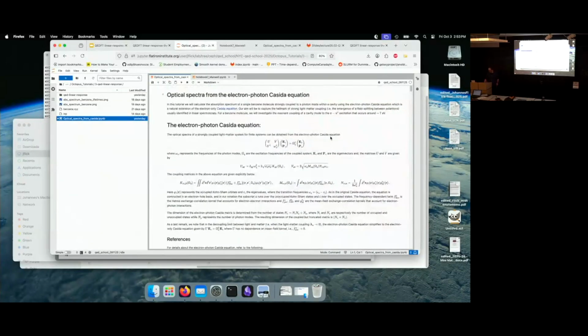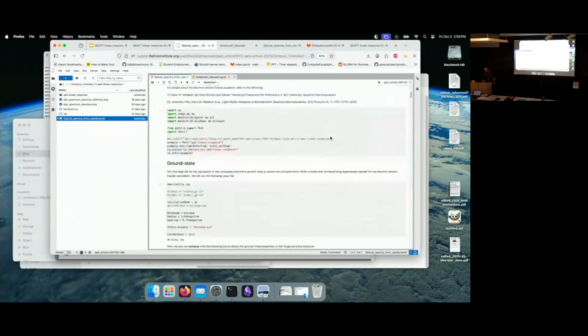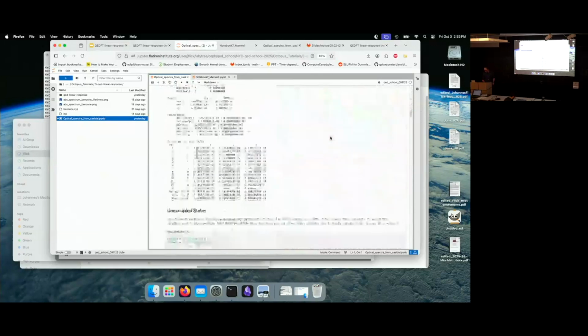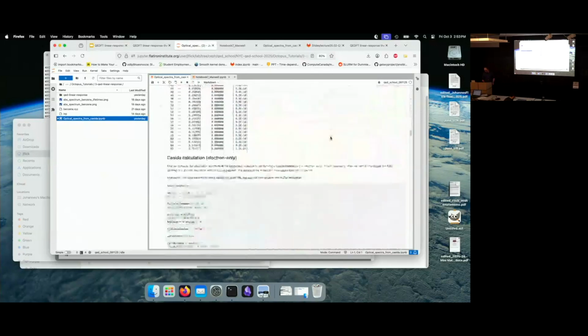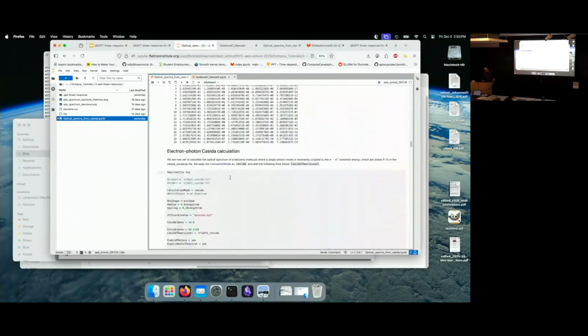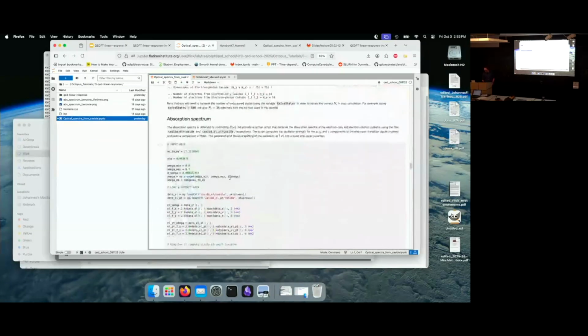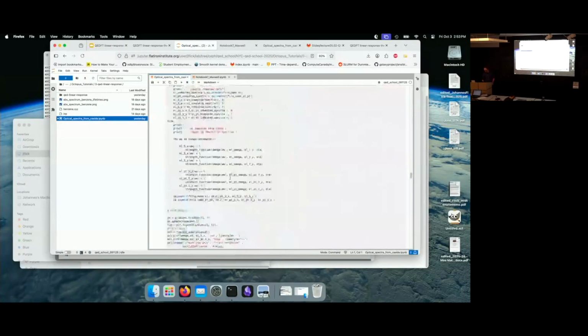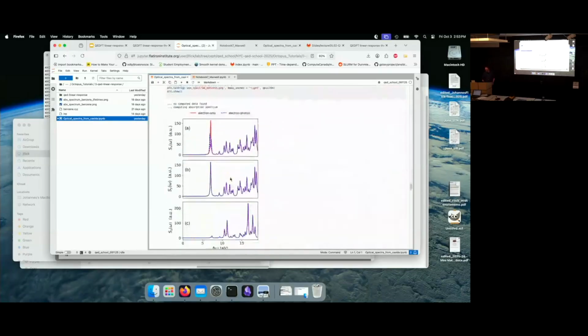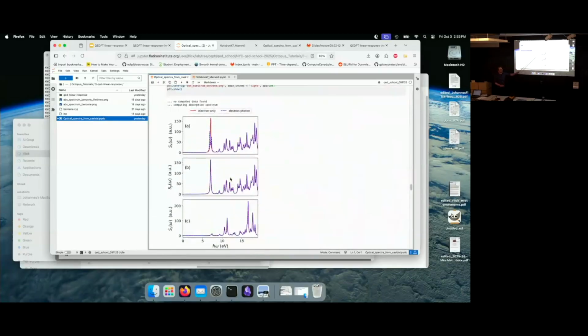You can start from the top, and we will first see ground state, unoccupied, Casida electron only, and then there's the electron-photon calculation. Then you should get a plot like this. That is where we can stop and then reconvene.